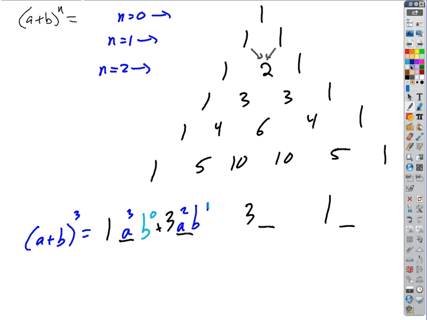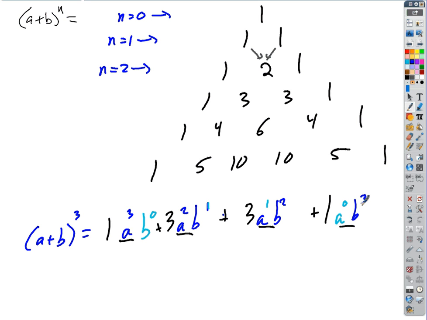So what's the next one going to be? B squared. Yeah, so this one's going to be a to the 1, b squared, and the last one? A to the 0. Good. b cubed. So what's the pattern then? What can you tell me about the exponents?